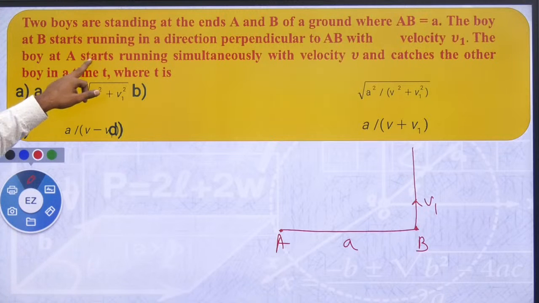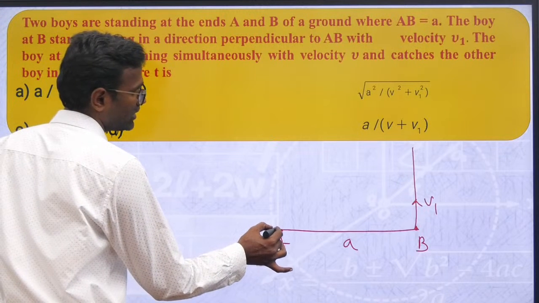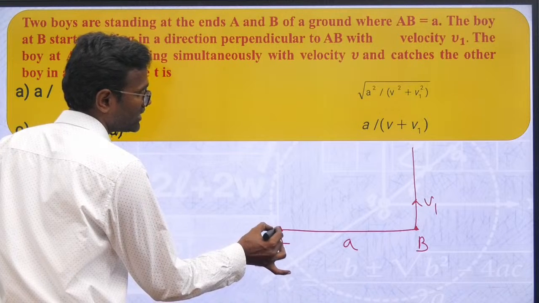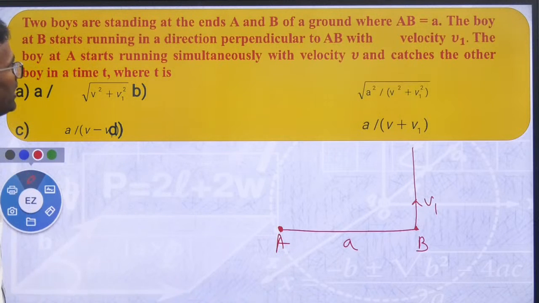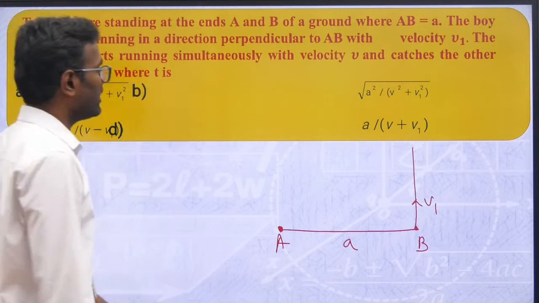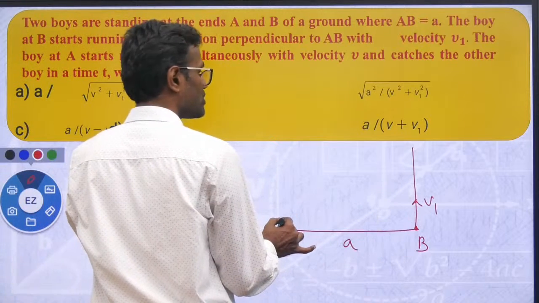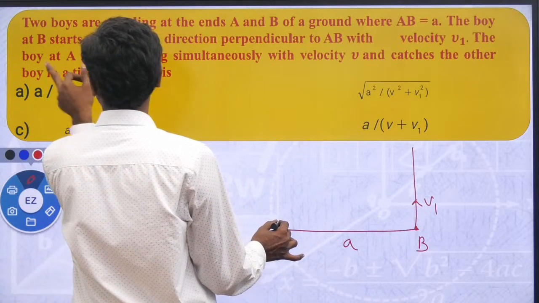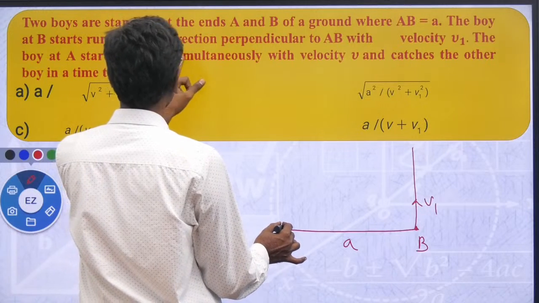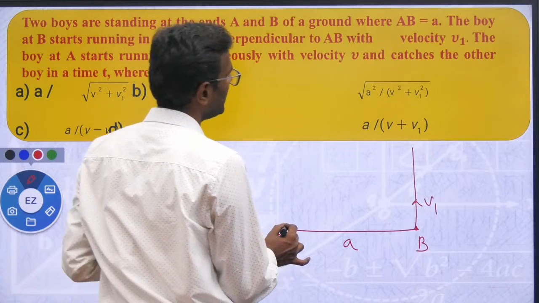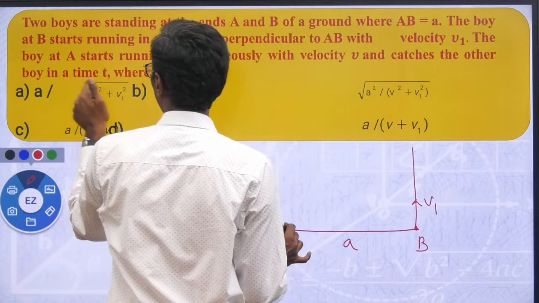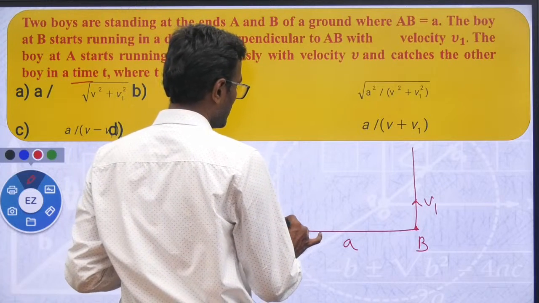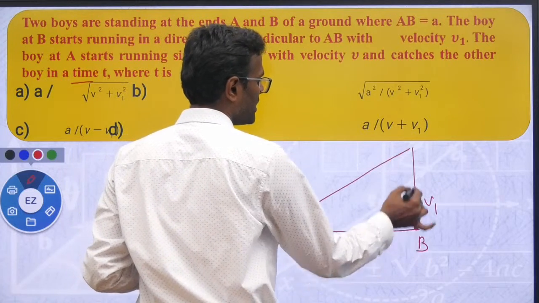The boy at A starts running to catch that boy. Simultaneously, when B starts from here, A also starts from here, with velocity v, and catches the other boy in time t seconds. So A is moving like this, and B is moving like this.